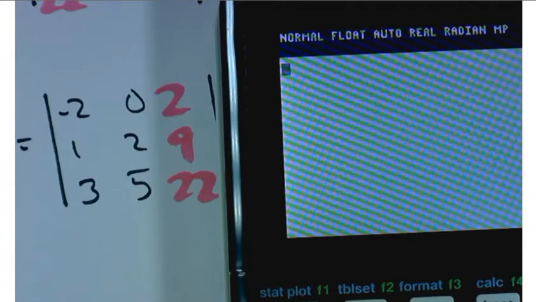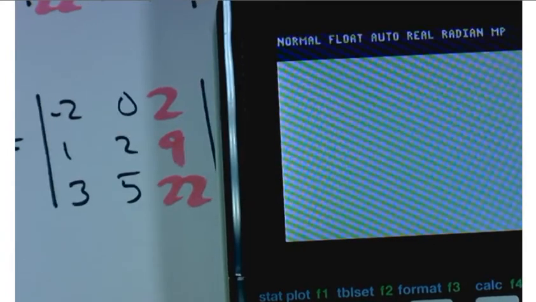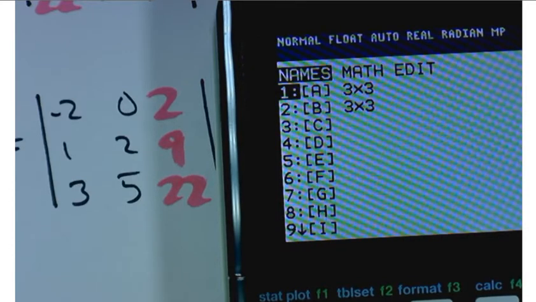When you're done entering those into your matrix, then exit, because we're going to need to calculate the determinant. So hit the second key, then the matrix key again. This time we're going to go over to the math menu.